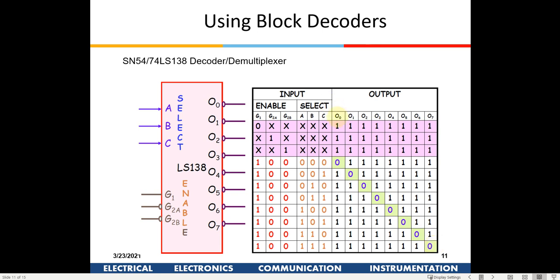This is the LSB and this is the MSB. The condition required for all these to work properly is that G1 requires to be 1, and G2A and G2B both require to be 0. If that is not the case, if G1 is 0, then everything will be 1, or if either of G2A or G2B is 1, then also the output will be 1.